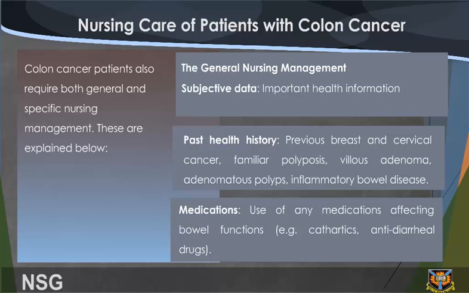The general nursing management, subjective data, important health information, past health history: previous breast and cervical cancer, familial polyposis, villous adenoma, adenomatous polyps, inflammatory bowel disease. Medications: use of any medications affecting bowel functions, e.g., cathartics, antidiarrheal drugs.